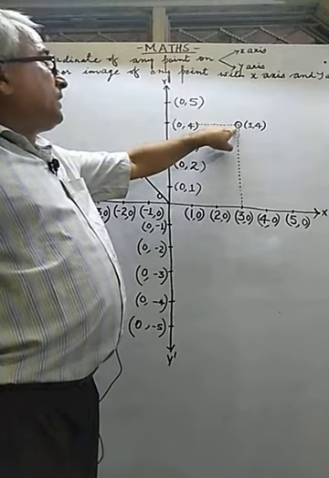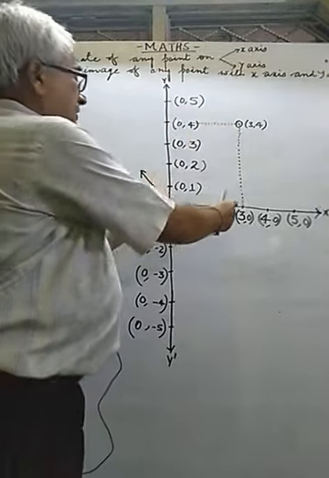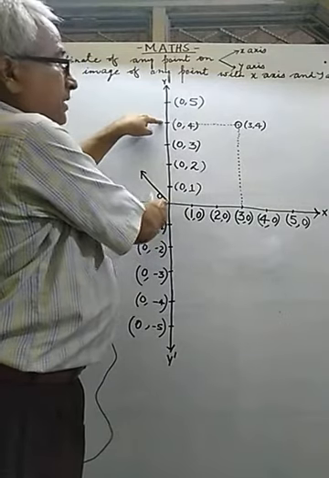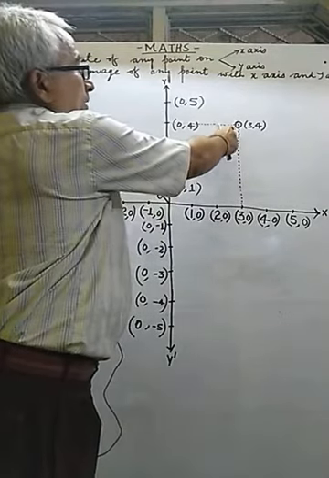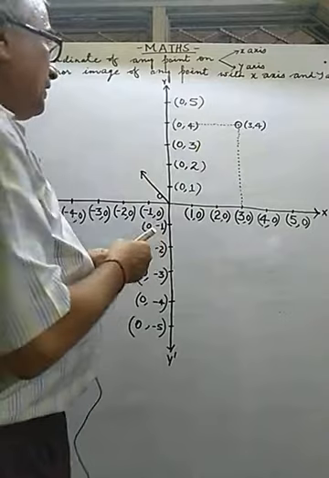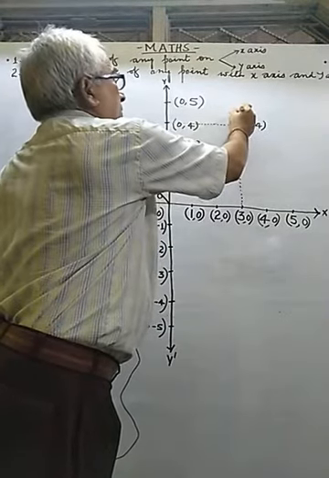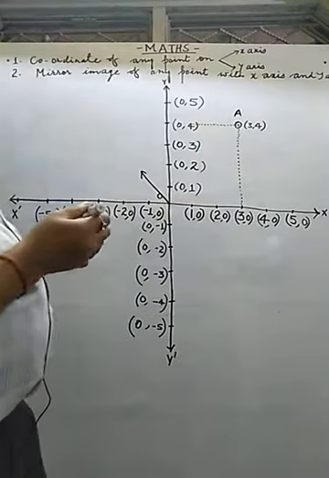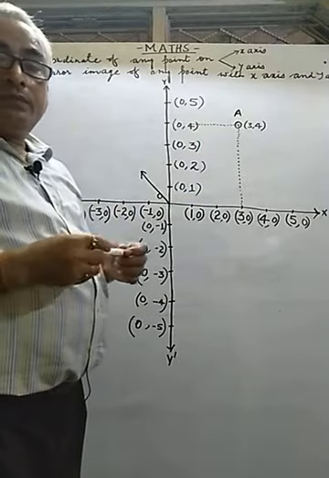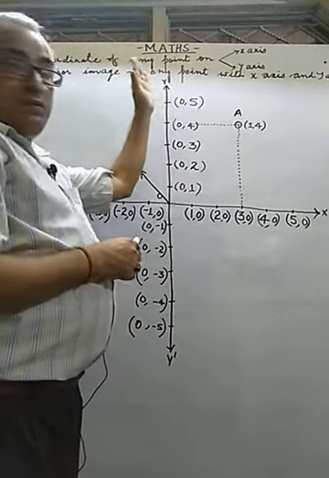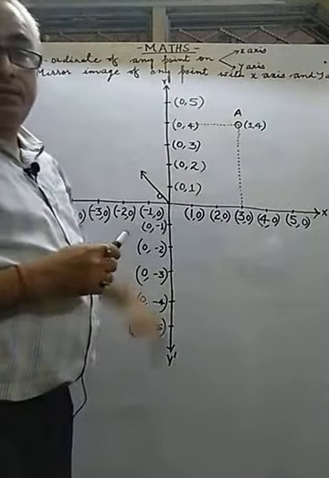This point is indicating the value of abscissa is 3 and the value of ordinate is 4. You may observe what the coordinate of this point will be. Suppose this one is point A. So we have to find out the mirror image of point A with respect to sometimes the y-axis, sometimes the x-axis.